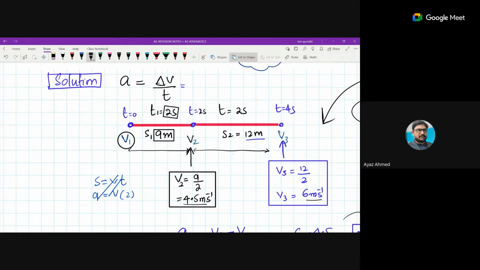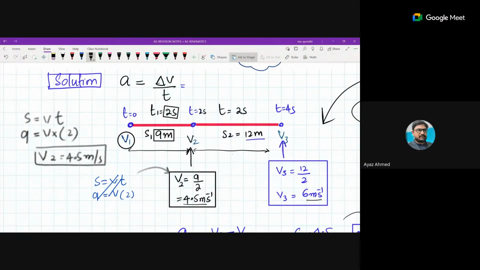If a student applies the concept that s equals vt, or d equals vt, so 9 meters is the distance traveled, so the final velocity will be this divided by 2 seconds. So v2 equals 4.5 meters per second. So this is entirely a wrong approach. The reason, Mustabshir, can you tell me the reason?